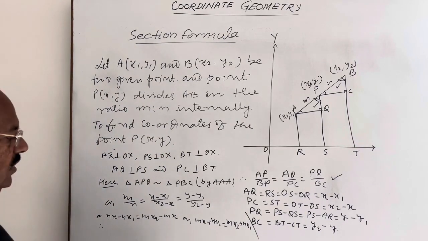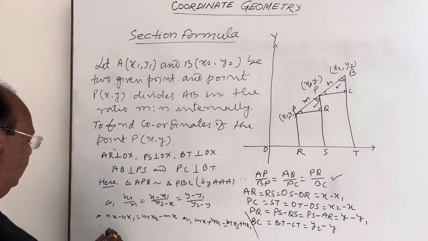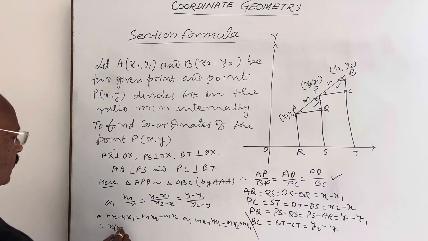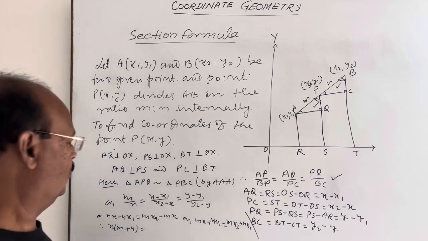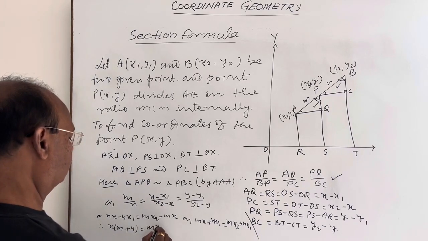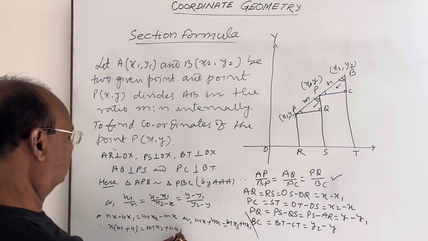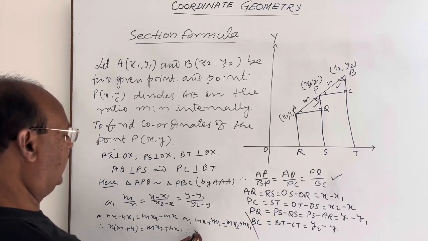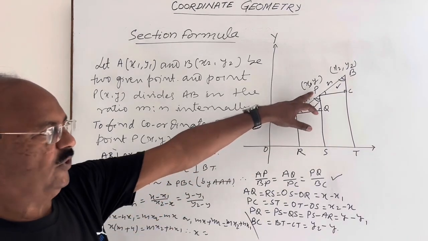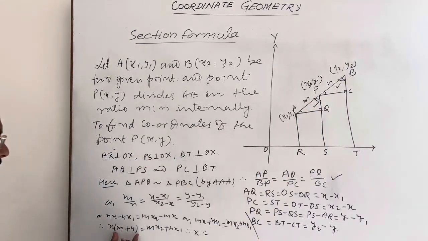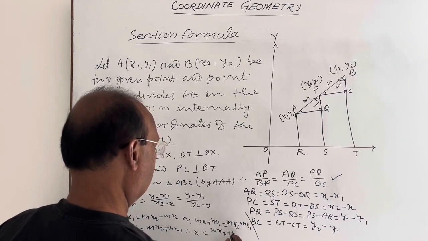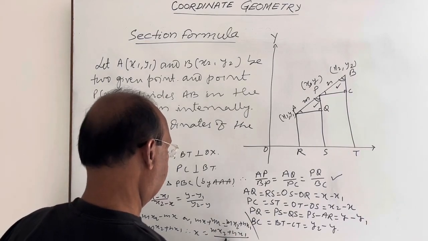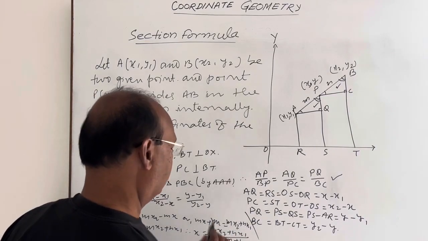Therefore, we can take x common here. (m plus n)x is equal to mx2 plus nx1. So therefore, the x coordinate of point P, dividing both sides by m plus n, is mx2 plus nx1 divided by m plus n.